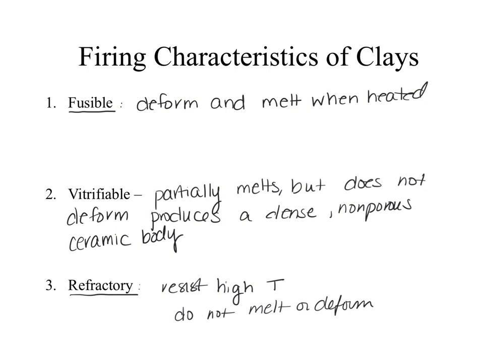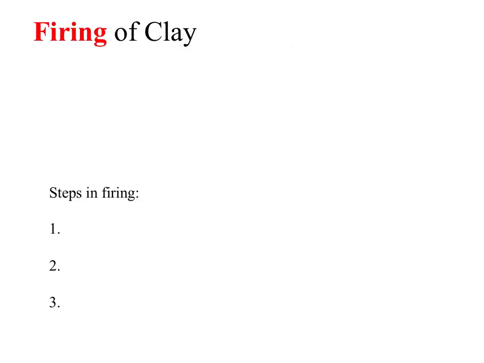So now that we've defined some things about firing clays, let's talk about the process of firing clays. Now, this was first done over just open flame, but now ovens or kilns are used for firing.